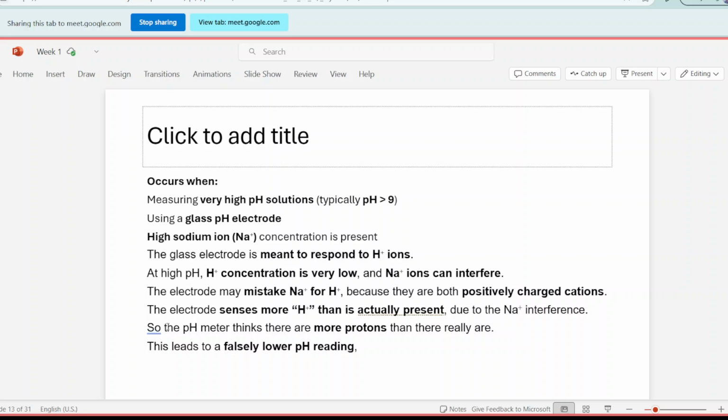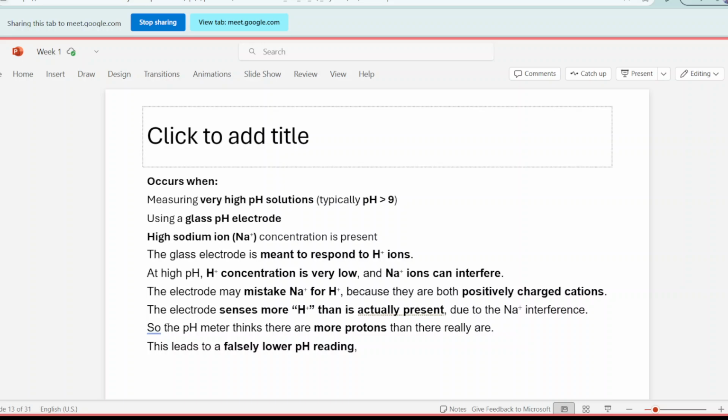Now, because it is mistaking sodium ions for hydrogen, you already have fewer hydrogens. How would it affect the pH? Can anyone answer this? Can you repeat the question, sir?